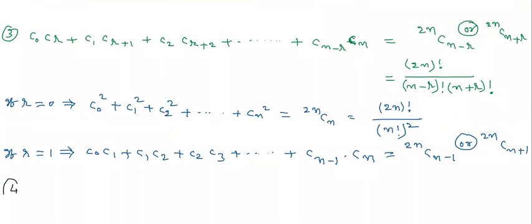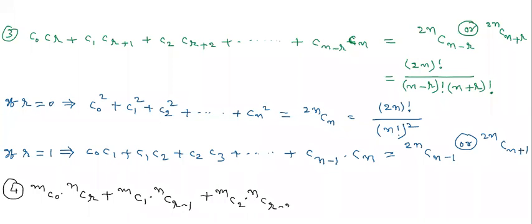Okay. Now, I am going to another one. This is very, very important in mains also, either January or September, one time given. MC0 into NCR plus MC1 into NCR minus 1 plus MC2 into NCR minus 2 and so on and so on.